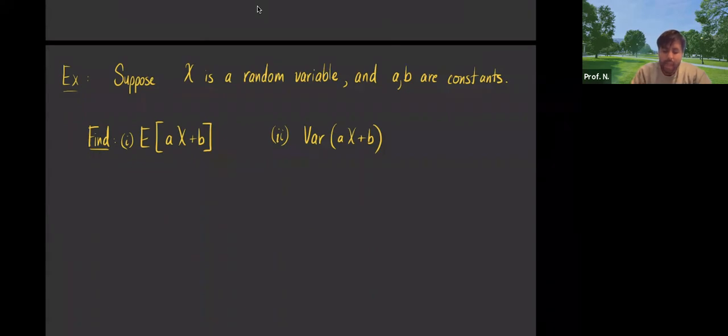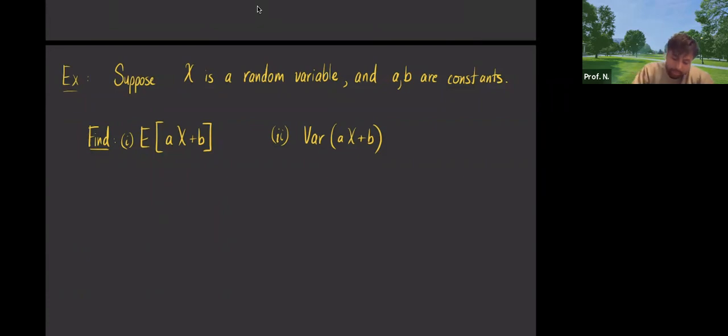So let's suppose I have a random variable x, and then I want to create a new one. And this new random variable is called a times the random variable x plus b. This is my new random variable. And now I want to figure out what's the expected value of this new random variable, ax plus b. So what would be the result of me taking the expected value of this?